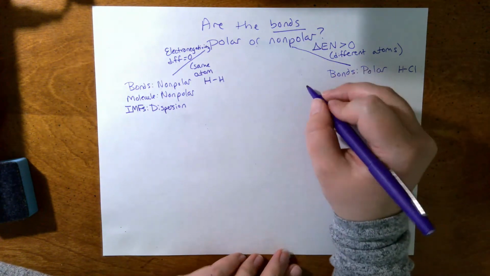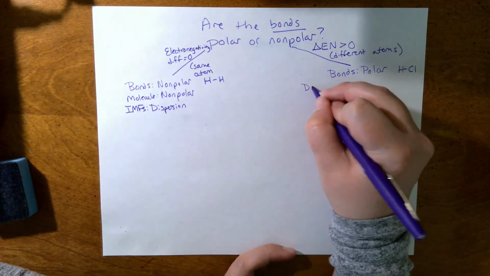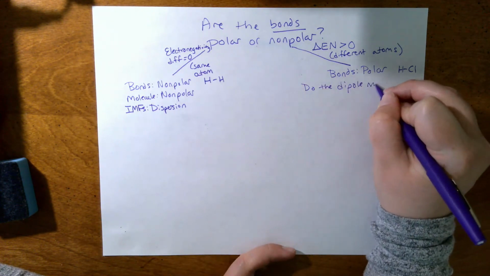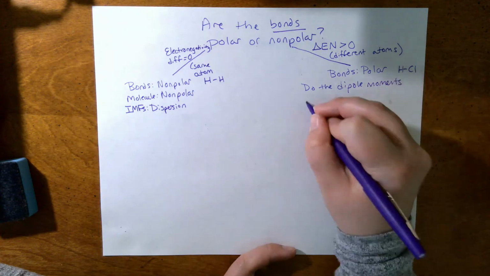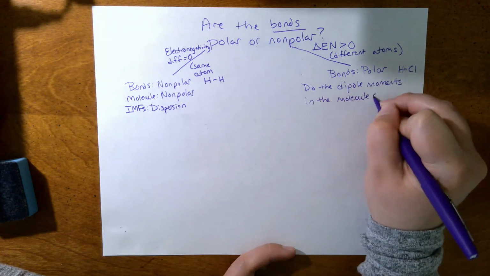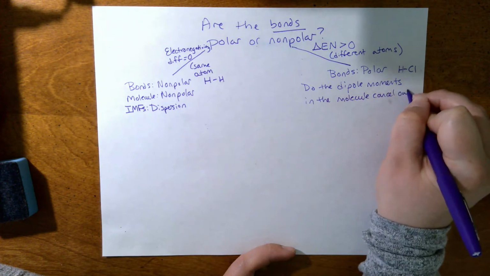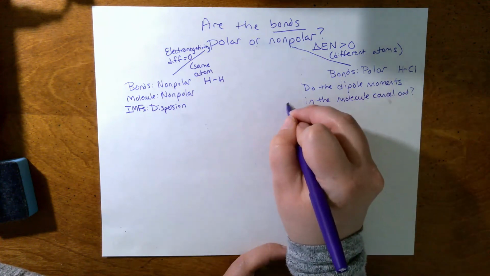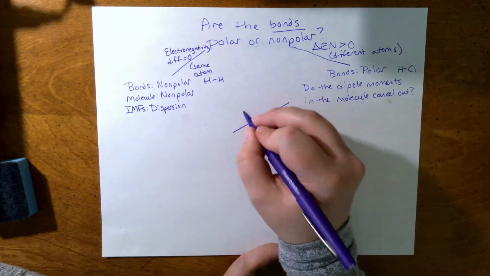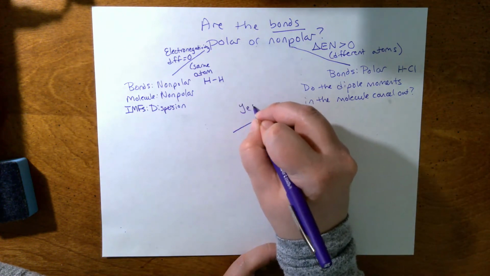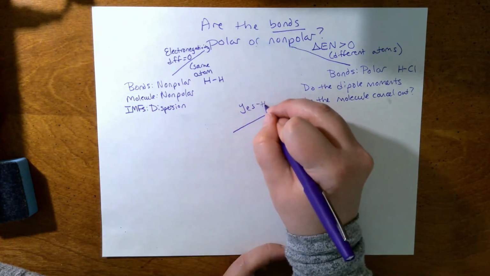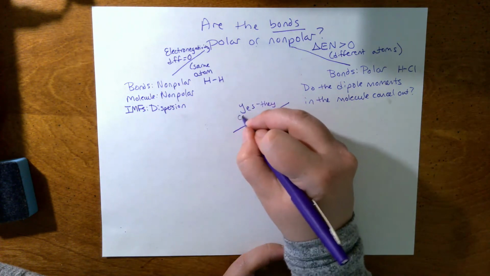And the question I have to ask myself is, do the dipole moments in the molecule cancel out? Okay. And the easiest way to tell this is if they have a lone pair on the central atom. So if the answer is yes, they cancel out, usually that occurs when there's no lone pair on the central atom.